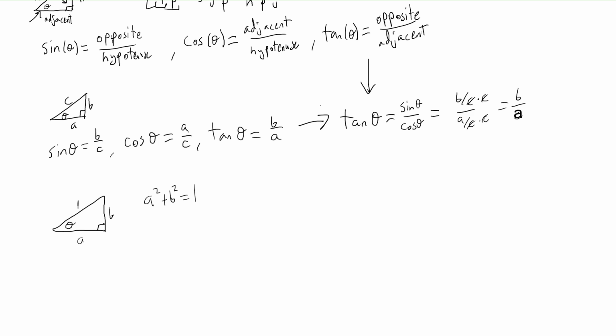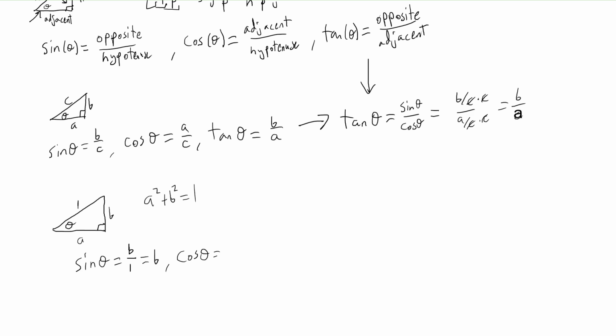Okay, now let's look at the trig functions for this triangle, specifically sine and cosine. So sine theta is going to be the opposite side, so b, over the hypotenuse 1, so sine theta is b.